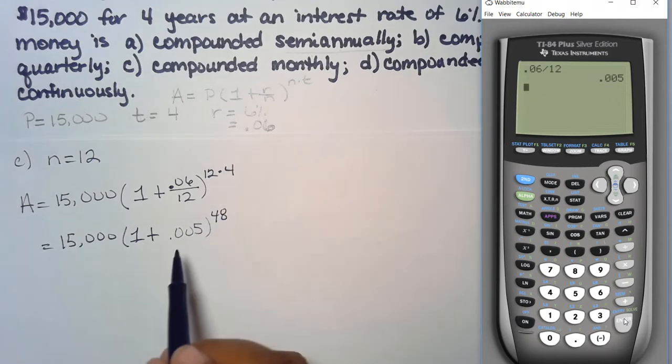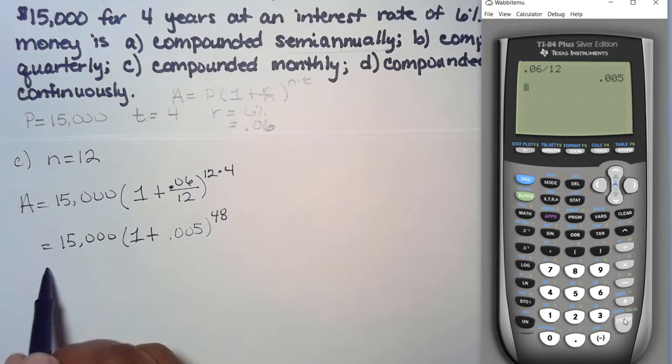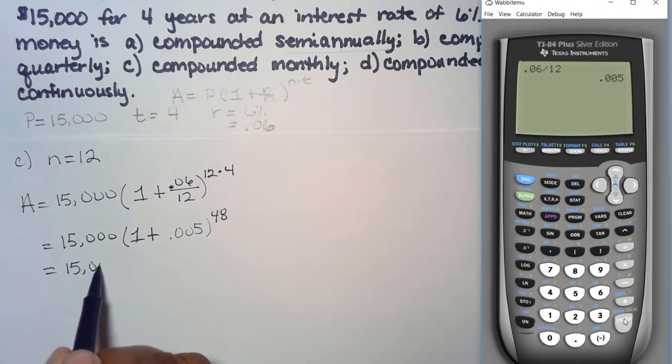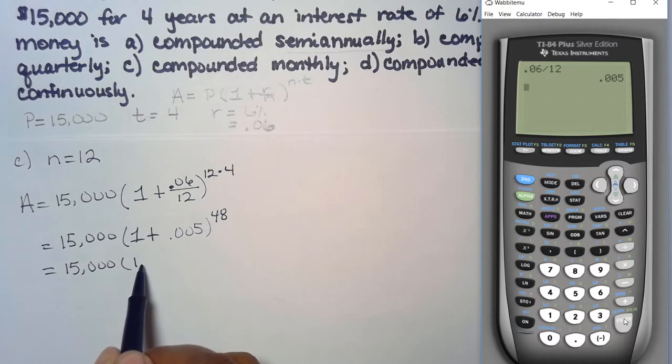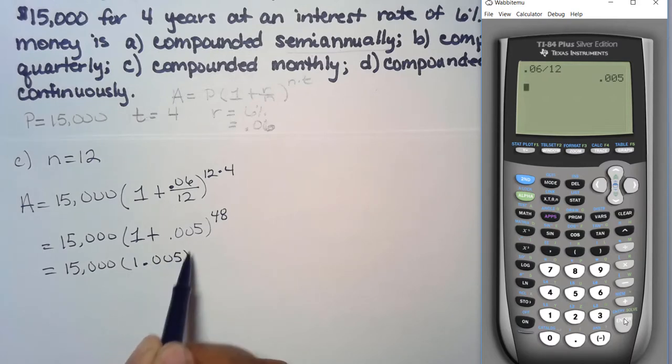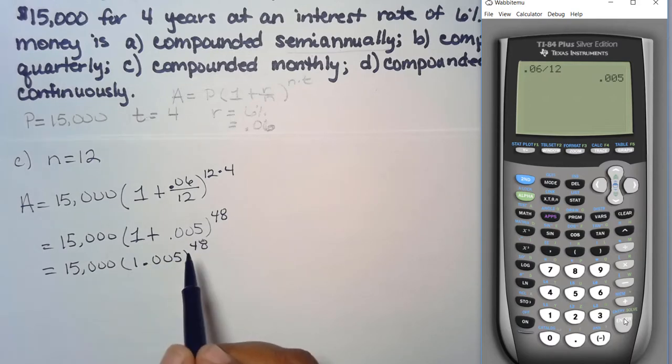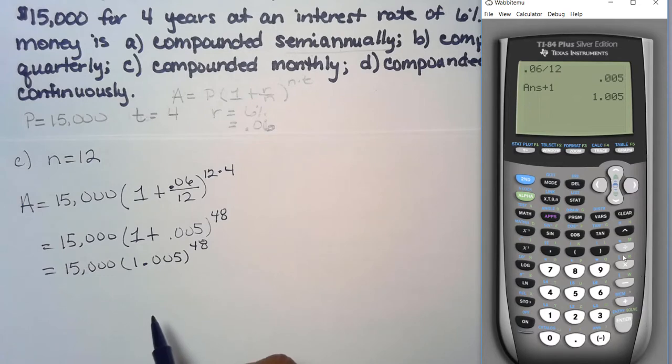Okay. Add 0.005 to 1. We have 15,000 times 1.005 raised to the 48th power. So let's add 1, and then we're going to raise that to the 48th power.